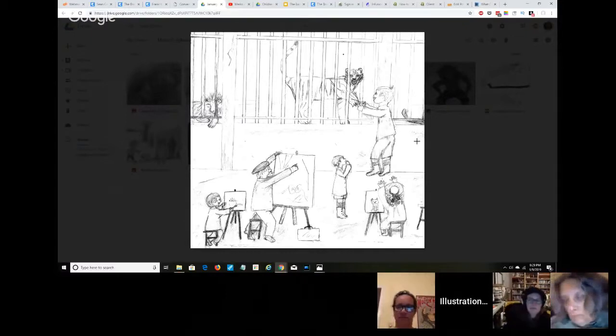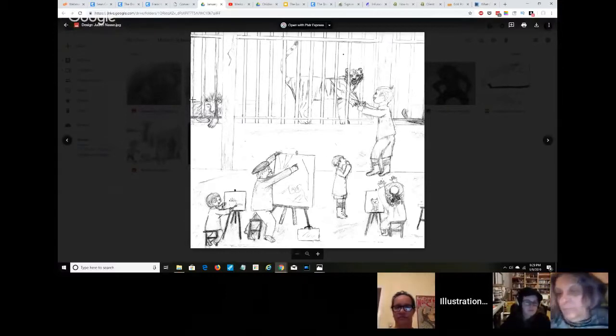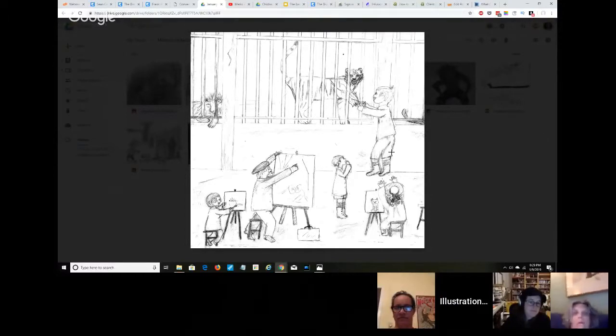Well, I see direction because they're all lined up and the cages are all lined up. So there's this left to right thing happening, and there's this interaction here between the boy and the tiger. They seem to be making friends.